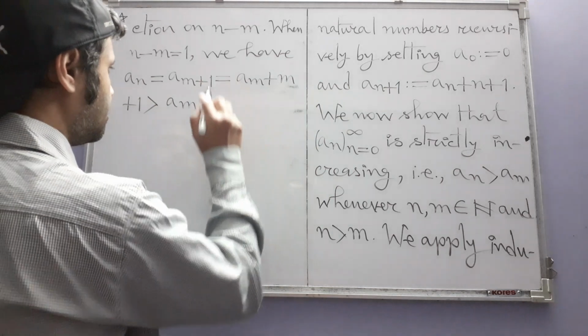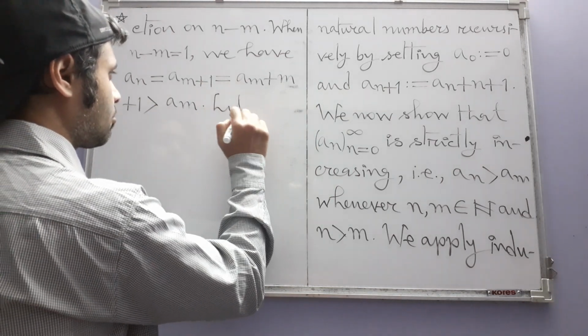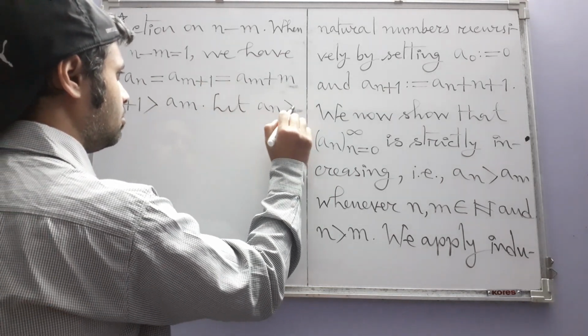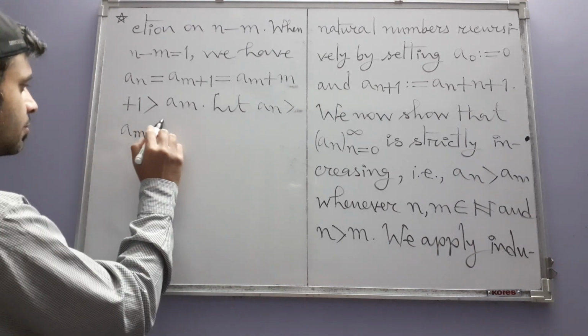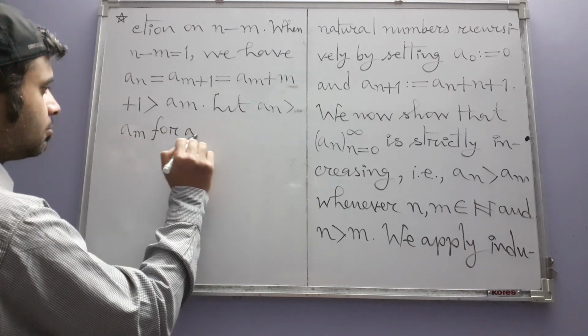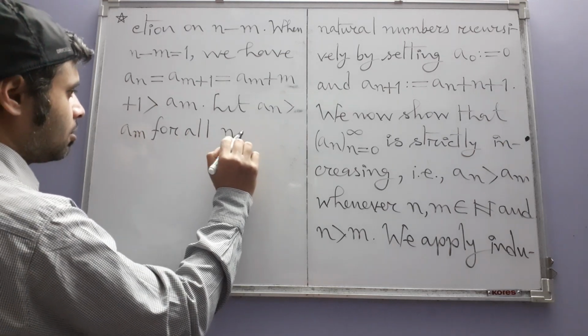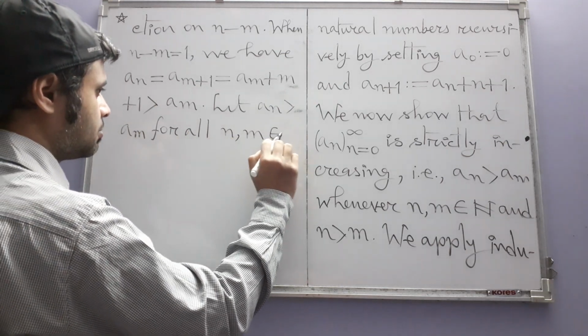So let a_n be greater than a_m for all natural numbers.